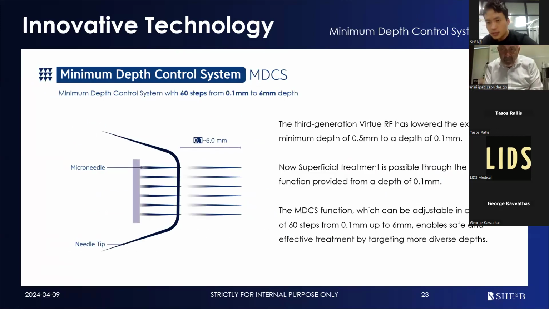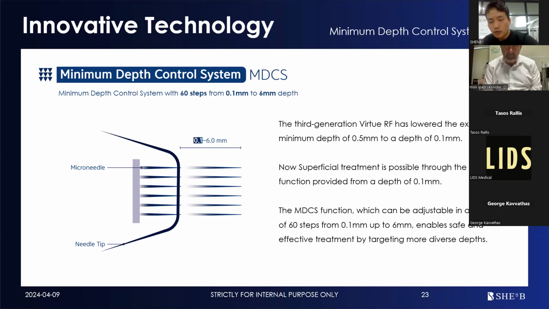And this one is the last technology that we feature, which we call the minimum depth control system. We can control the needle depth starting from 0.1. Depending on the handpiece, it could be a maximum of 6.0 or 5.0. For the smart handpiece itself, 0.1 to 3.5.